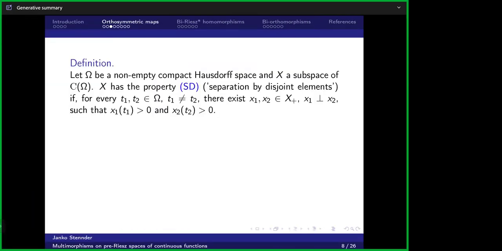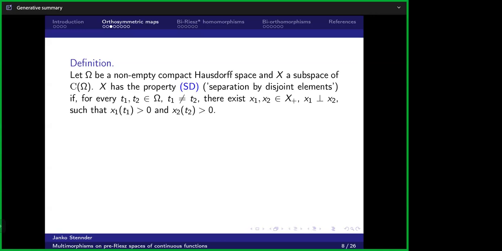And we found some property already a few years ago, which seems to be the right one to get enough disjoint elements so that the definition actually gets us something. And this property we call SD for some subspace of a space of continuous functions, which is short for separation by disjoint elements.